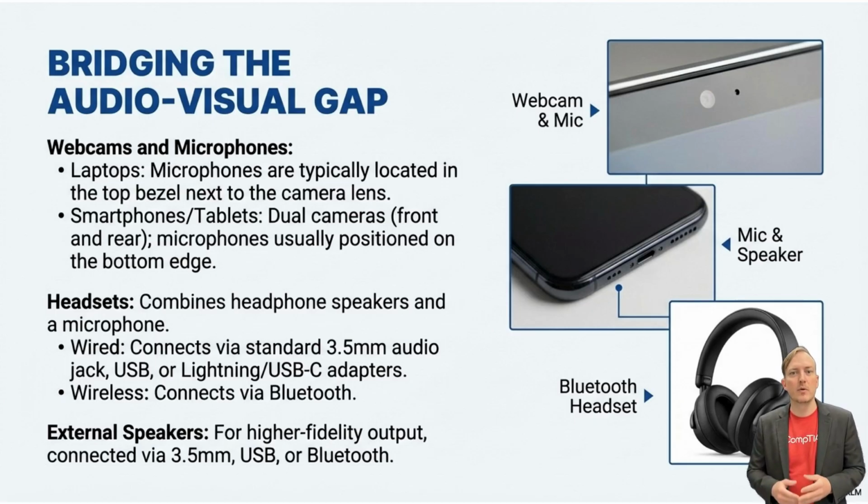Headsets combine headphone speakers and a microphone into one unit. They can connect wired via a standard 3.5mm audio jack, USB, or Lightning and USB-C adapters, or they can connect wirelessly via Bluetooth. If you need higher fidelity output, you can use external speakers connected via 3.5mm, USB, or Bluetooth.